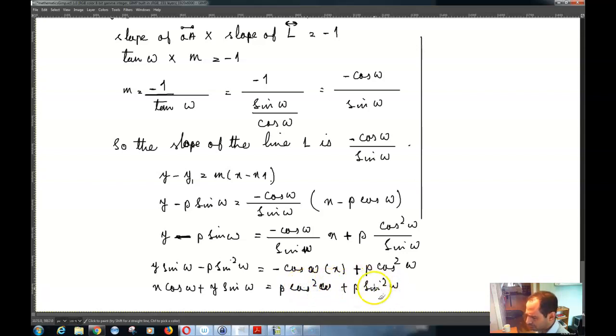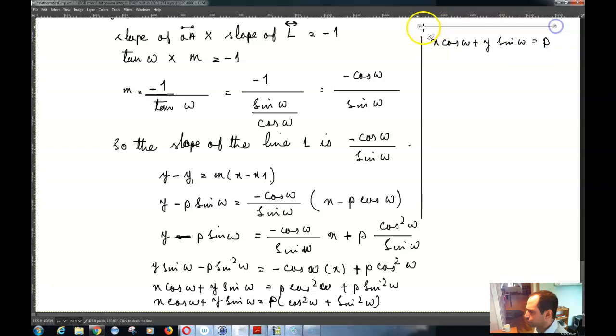Now you can write x cos omega plus y times sine omega is equal to p times cos squared omega plus sine squared omega, and this is equal to 1. So that means that x times cos omega plus y times sine omega is equal to p.